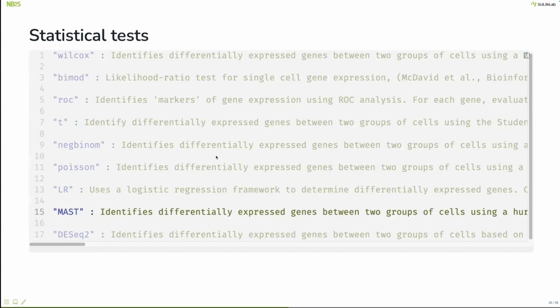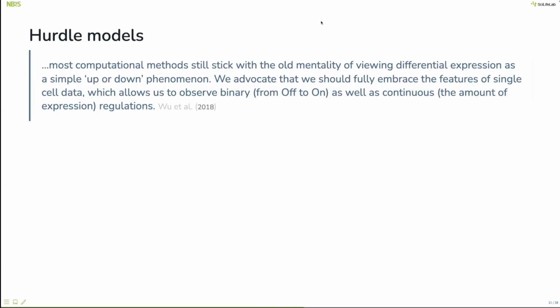And then there's another popular test that is what's called a hurdle model. The point of a hurdle model is to step away from this assumption that what matters is just the difference in means or medians, and also consider whether the gene is on or off, looking at the distribution, at how many modes you have.